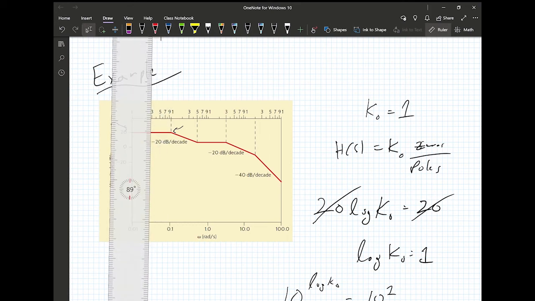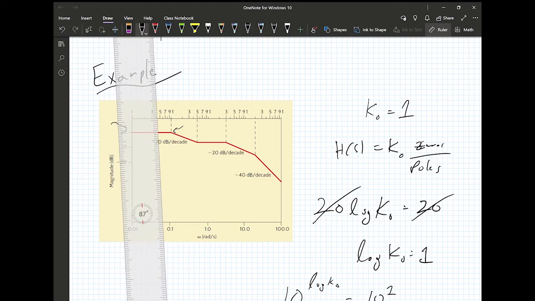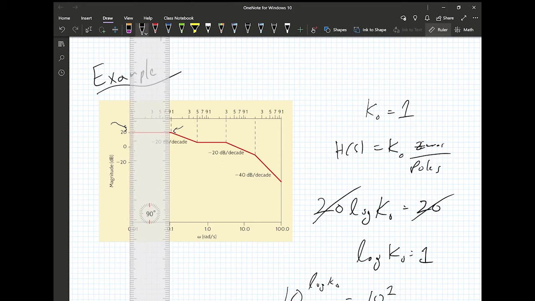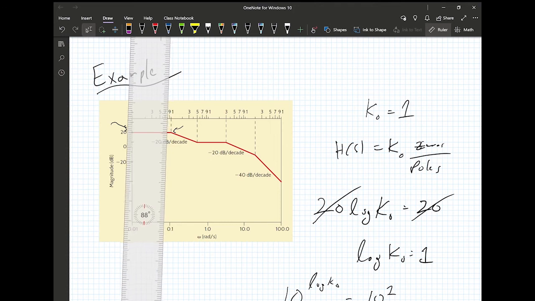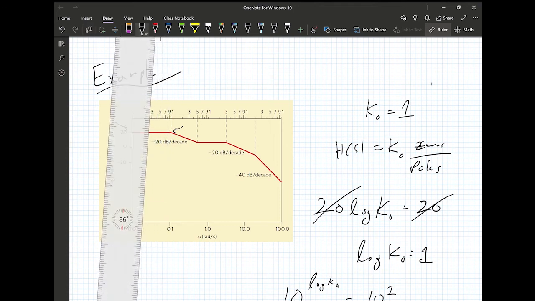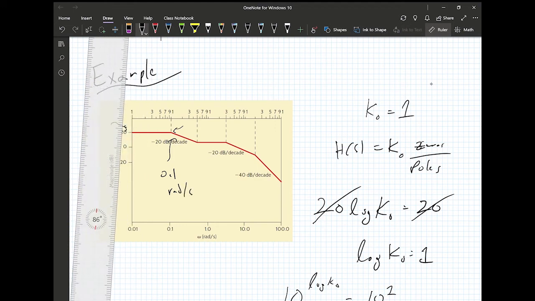This is approximately happening, I would say, yeah, this is all approximate, at 0.1 radians per second. And then after 0.1 radians per second, we are going down by minus 20 dB per decade. So there is a pole at 0.1 radians per second.